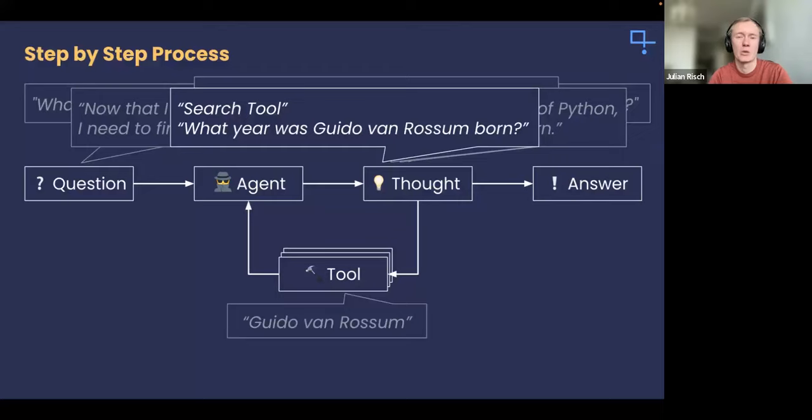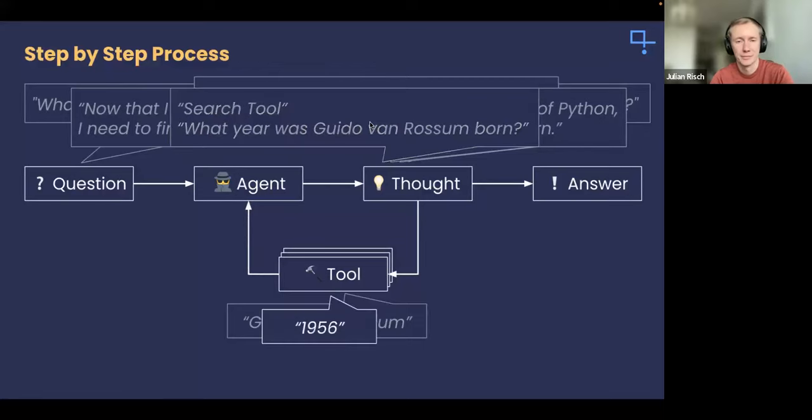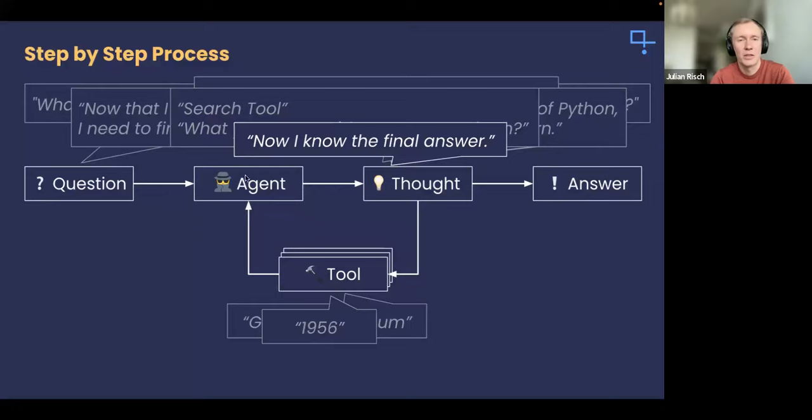In this example, it has only one tool, so it picks the search tool and then asks the question about the birth date, or about the year, and comes up with the year. And then again, the agent with this information is instructed to reason. And now it says, okay, I know the final answer, and it returns the final answer. So this is one entire run through the agent.